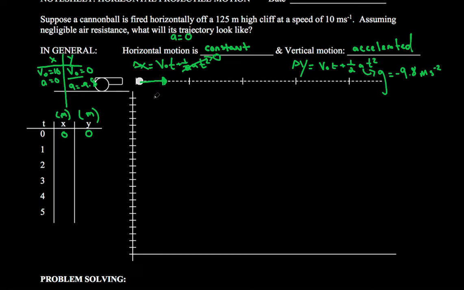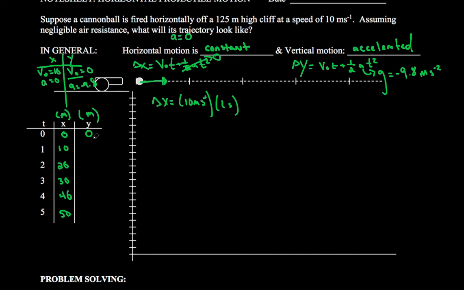My delta x would be my initial velocity, 10 meters per second, times the time. I want to know how far it goes after 1 second: 10 times 1 is 10. So after 1 second, it goes 10 meters. After 2 seconds, 20 meters. After 3 seconds, 30, 40, and 50.